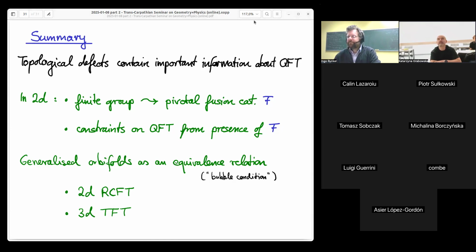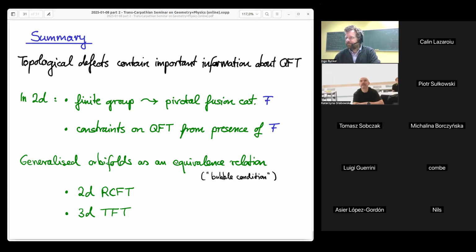I'd like to ask a very general question. Is it understood how this might relate to non-commutative geometry?